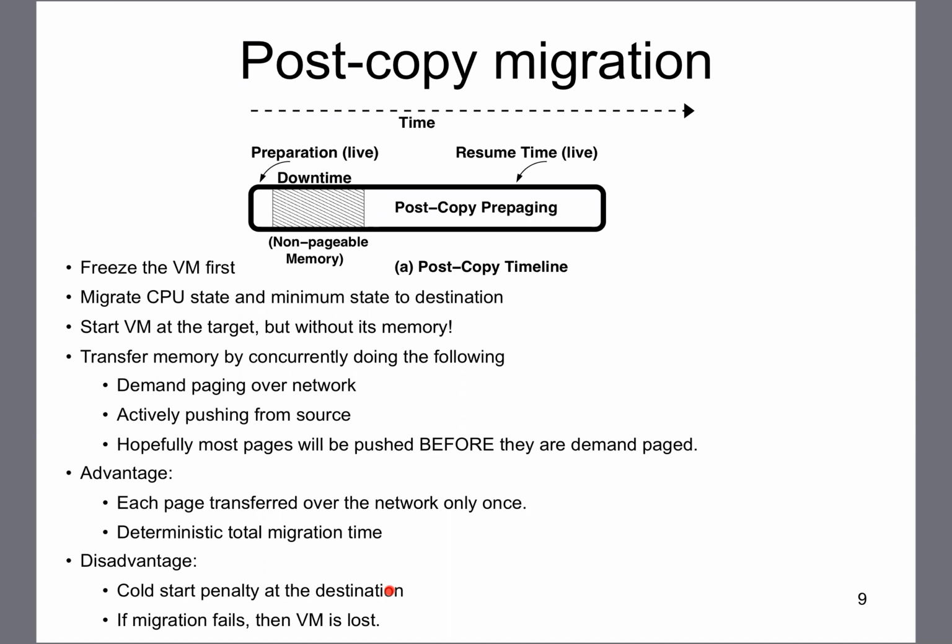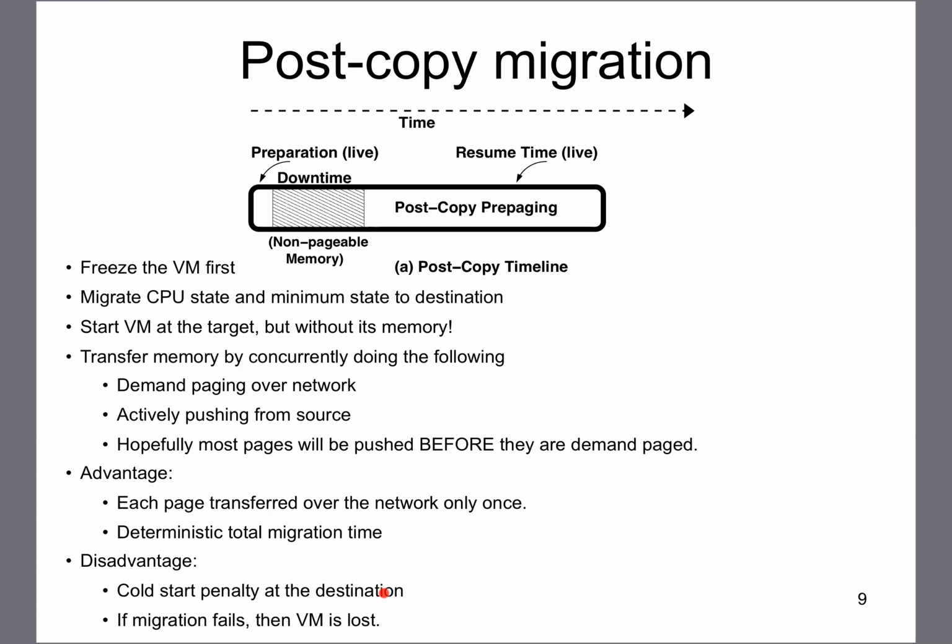The VM's memory accesses will go to the source and be serviced over the network, but as active push sends more pages over, you will have fewer and fewer network page faults. And then the last point is about what if the migration fails. And so this is problematic for post-copy.